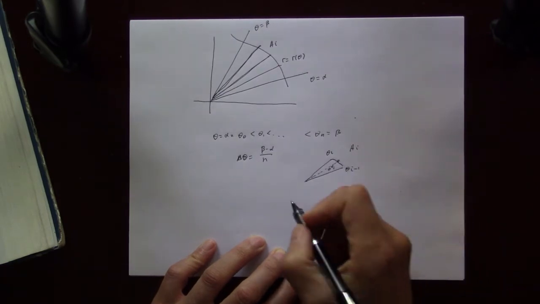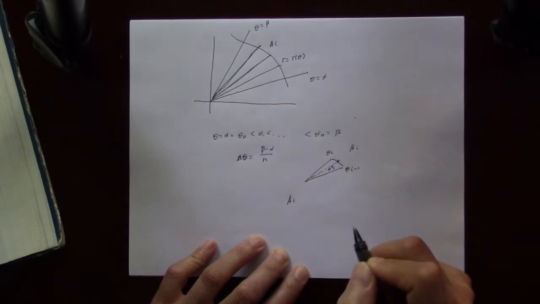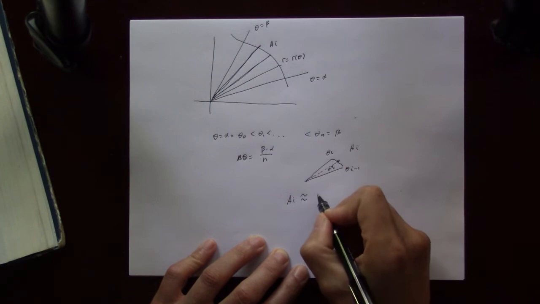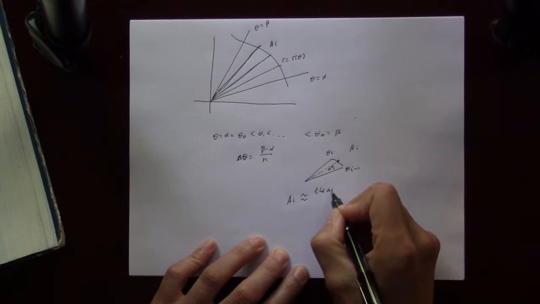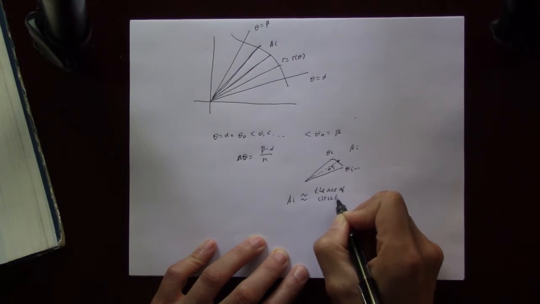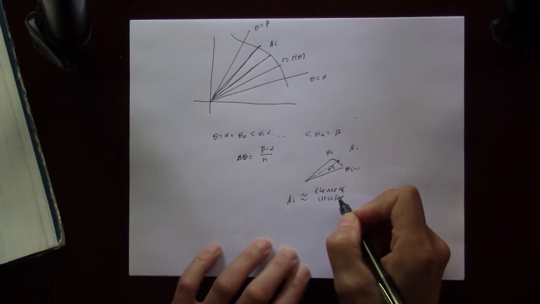And then I approximate the area of that ith piece by saying it's approximately equal to the area of a circular sector.